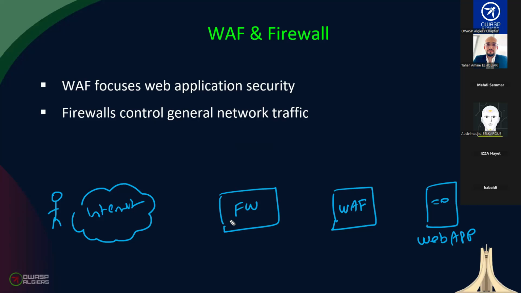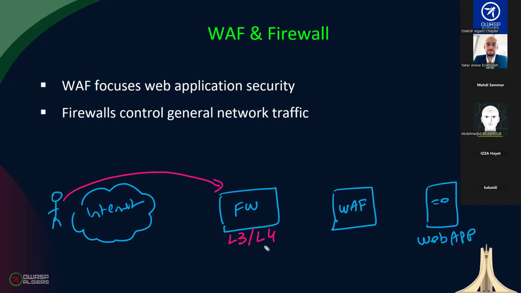You will never find a firewall behind a WAF. Okay? So whenever someone is trying to access my web application, the main goal of the firewall is to provide layer 3, layer 4 filtering.